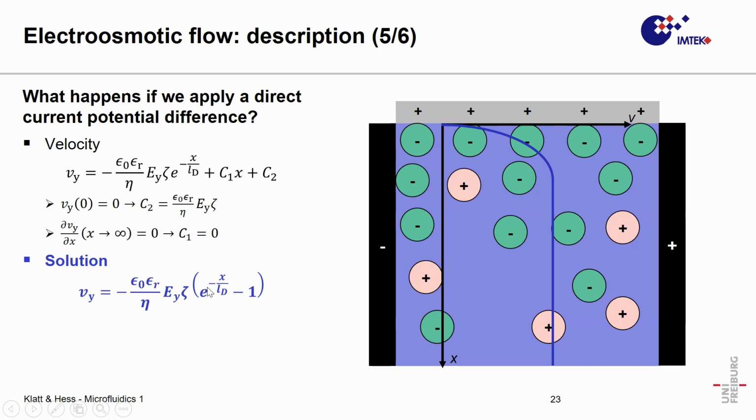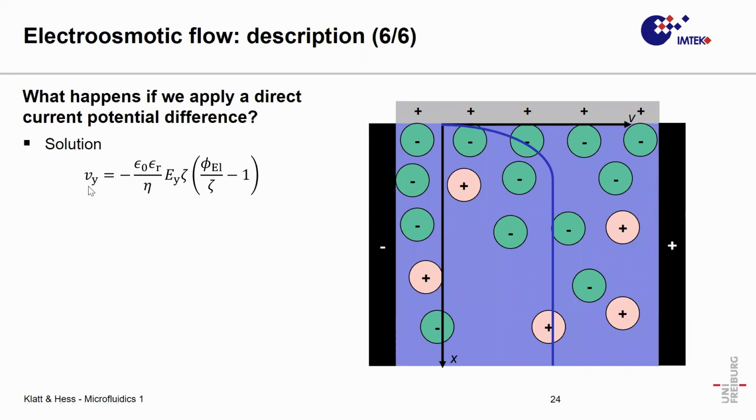If you, on the other side, go further away from the wall, this exponential term will get closer to 0, and we have a velocity of this term here. In between, it will get constant. The changes will get lower and lower. In between, we have an exponential development of the flow profile.